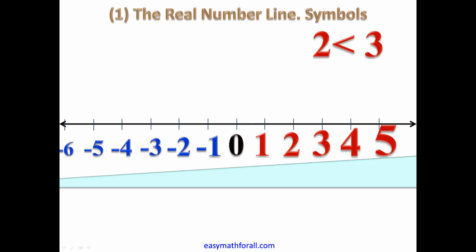Let's talk more about symbols of inequalities. Here is a statement: 2 is less than 3. I copy this inequality and twirl it around. Now we have an equivalent statement: 3 is greater than 2. For numbers, it's clear that these two statements are equivalent.